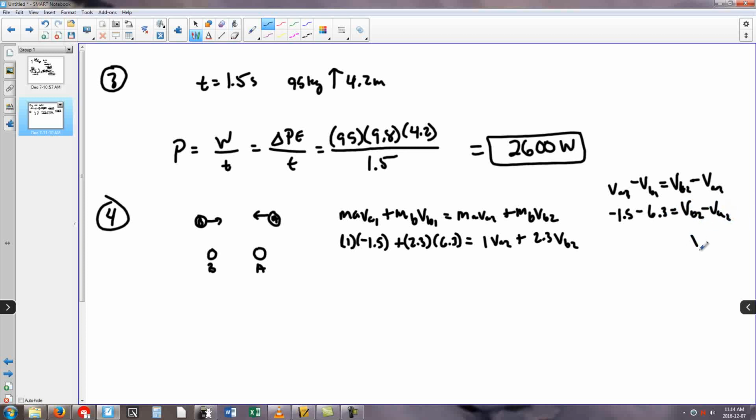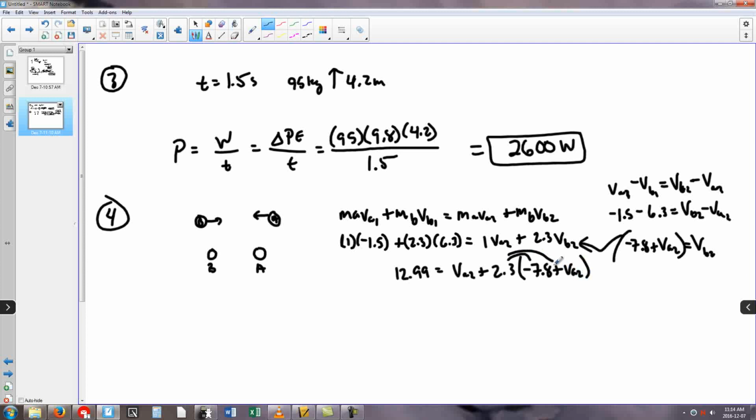If I solve for VB2, it will equal negative 7.8 plus VA2. That information can go right there for VB2. The left side over here is going to simplify to 12.99. It will equal VA2 plus 2.3 times negative 7.8 plus VA2.